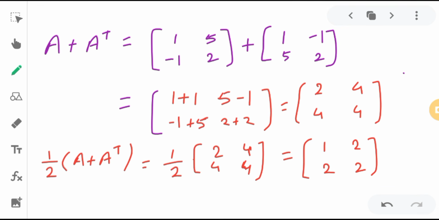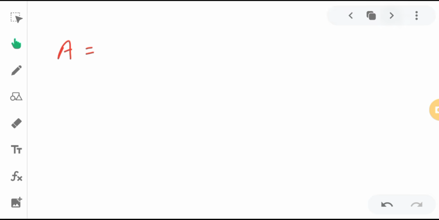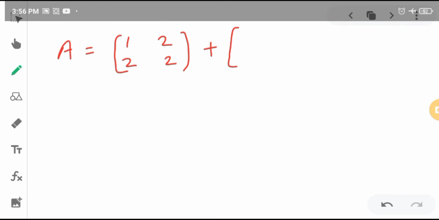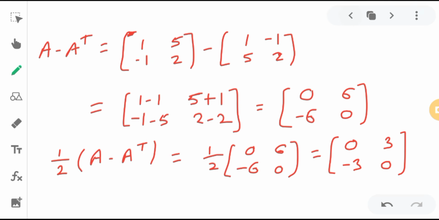I will write A equal to, first symmetric, this is symmetric, 1 2 2 2, plus half of A minus A transpose, I got here 0 3 minus 3 0.